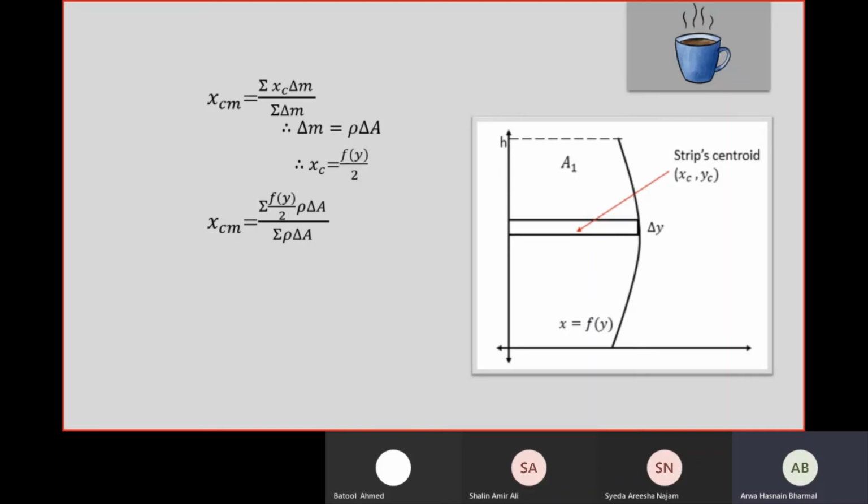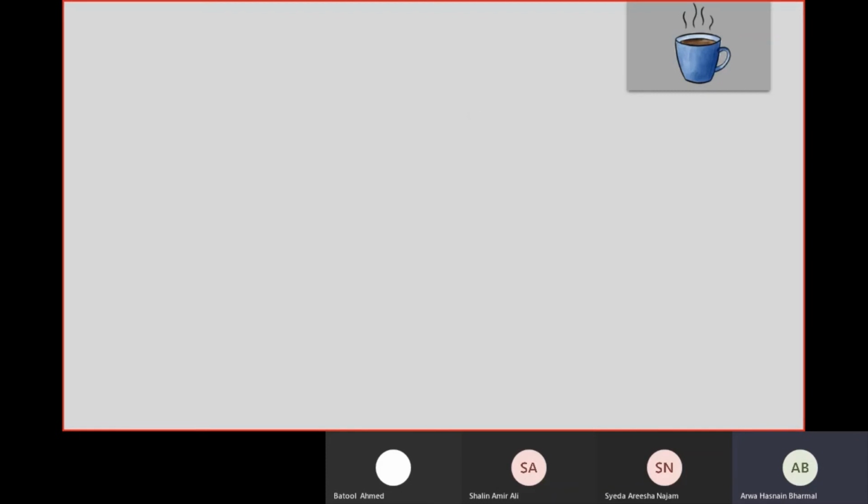So we substitute these values and cancel the density from above and bottom, and then we substitute the value of area of each strip, which is simply given. So we get this equation for the x-coordinate of the centroid.